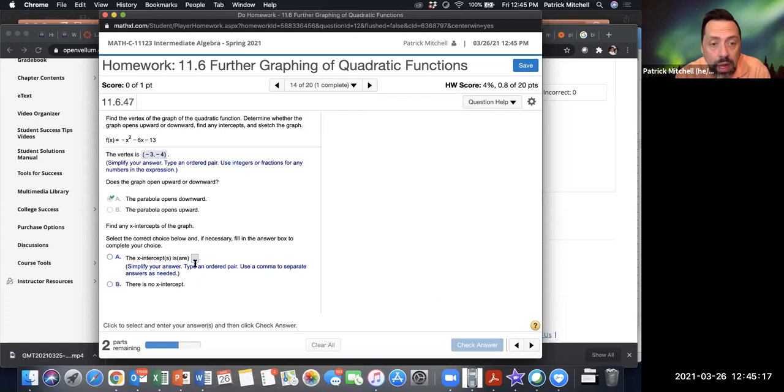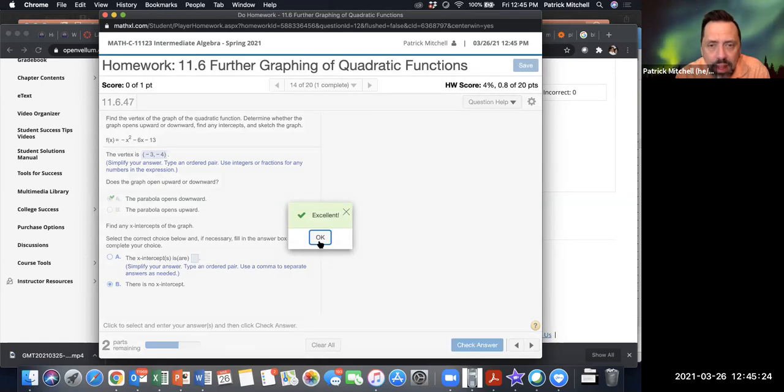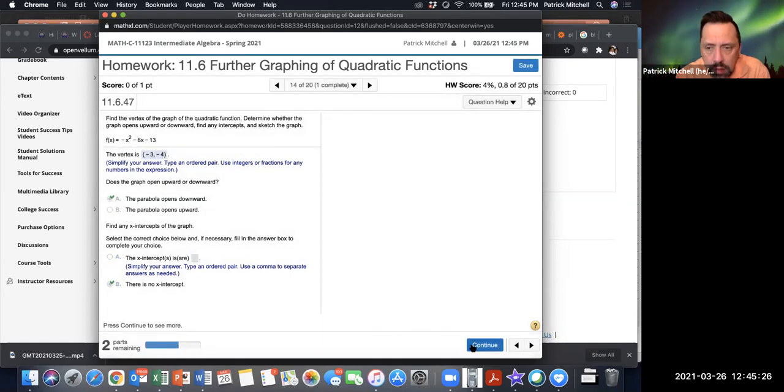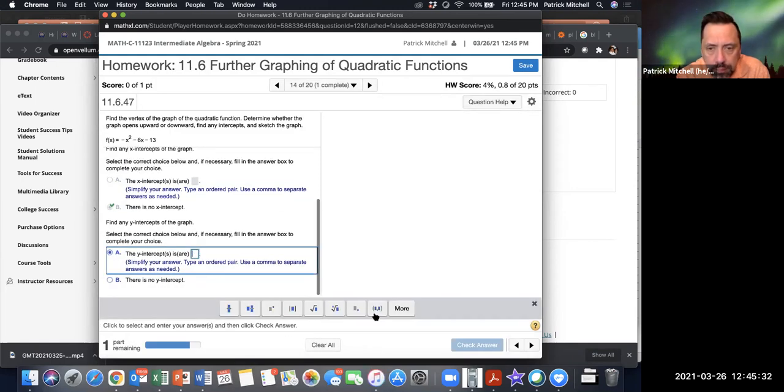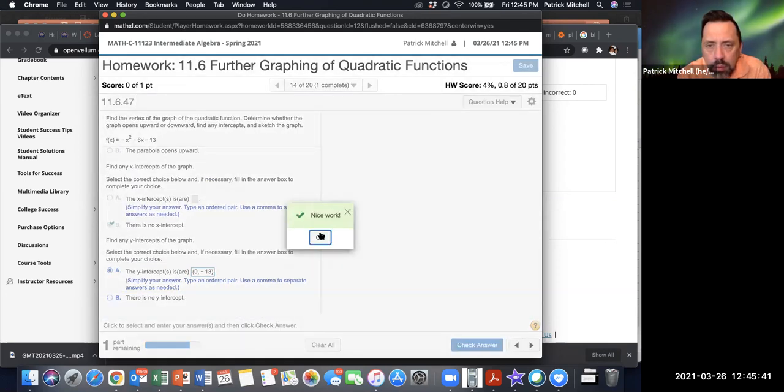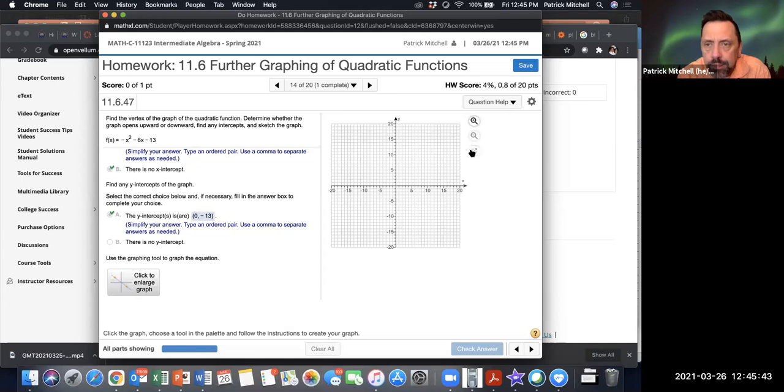X-intercepts. Remember, there were no X-intercepts. So this time I'm going to choose that. The Y-intercept, though, is 0, -13. All right, and now we are ready for our graph.